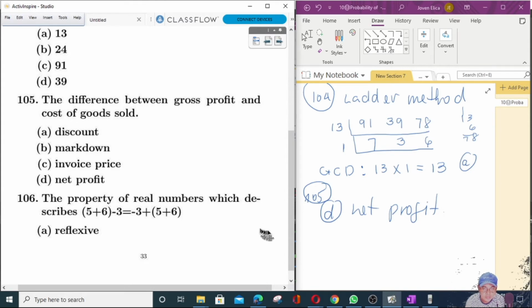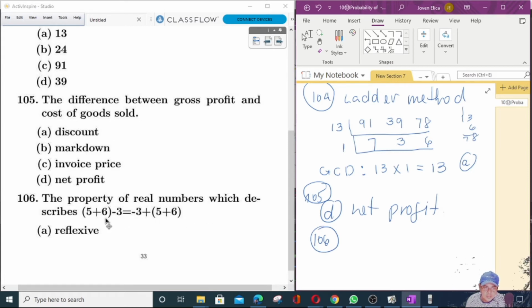And number 106. So you have to review the different properties of real numbers. In this case, it was given, what property of real numbers describes 5 plus 3? If you notice, 5 plus 3, it's just interchanging the position.